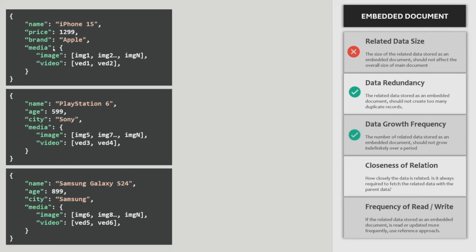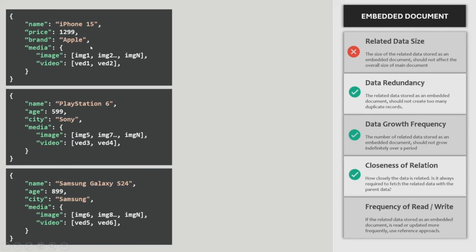Then data closeness is also very high here. We are never going to independently fetch the media of a product. We are only going to fetch the media whenever we fetch the product details. We will never want to fetch only the product images and product videos. We are also very rarely going to independently query this media document. So in that regard also, the embedded document approach is fine.